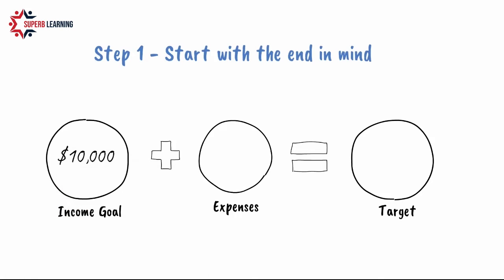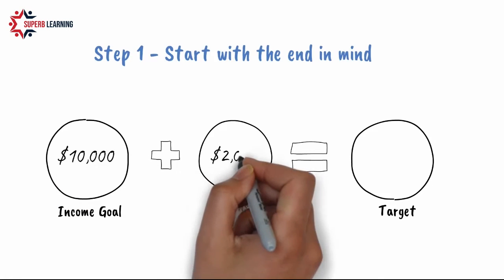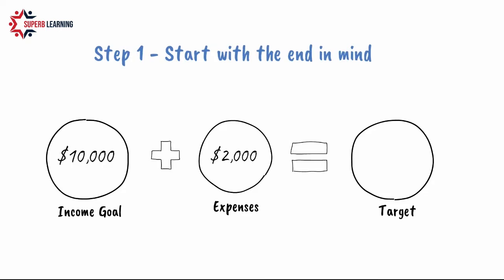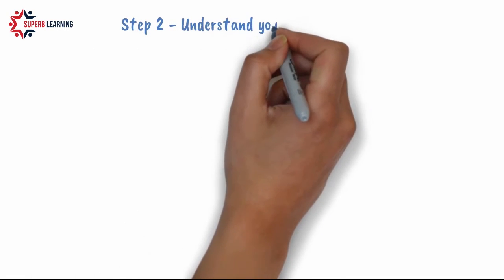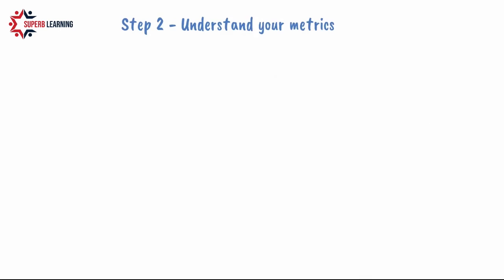So we might start with an income goal of $10,000, then have our expenses of $2,000, which gives us a target of $12,000. Okay. Now the second step is really around understanding your metrics. Now, if you're new and you haven't sold a course before, then you may not really have a good grasp on your metrics.